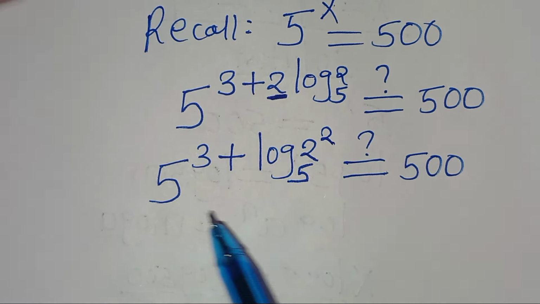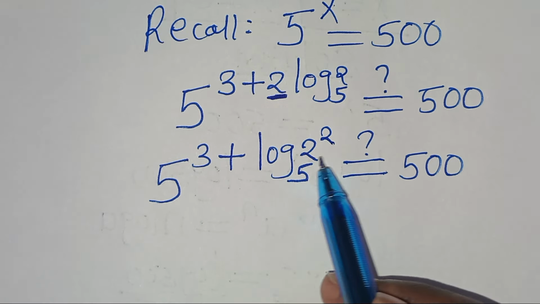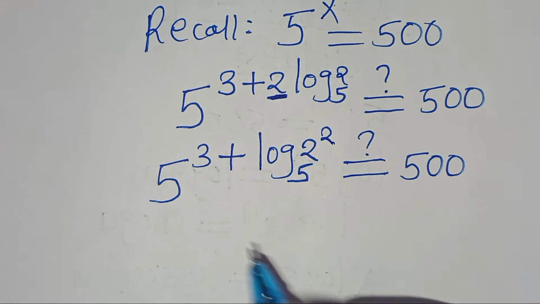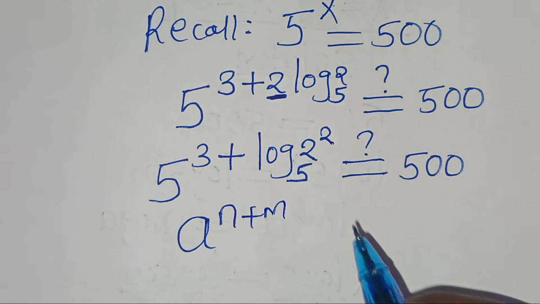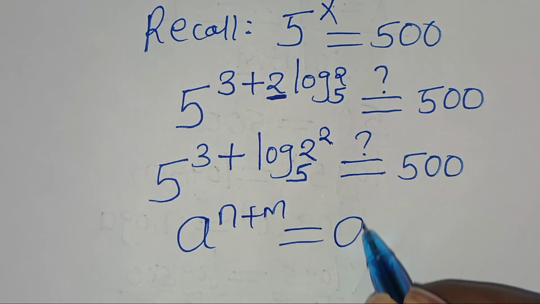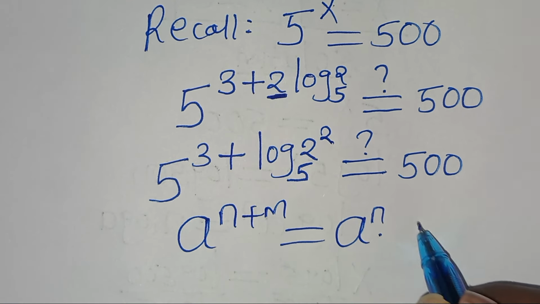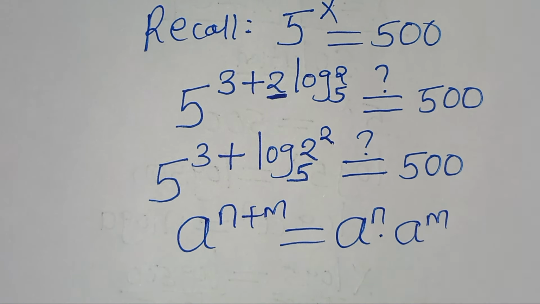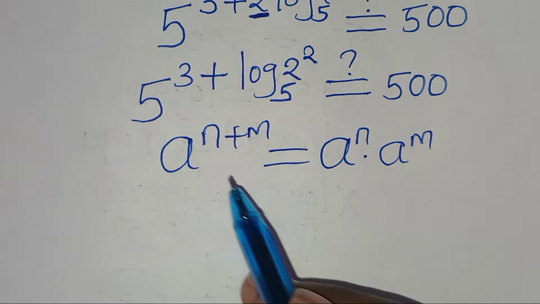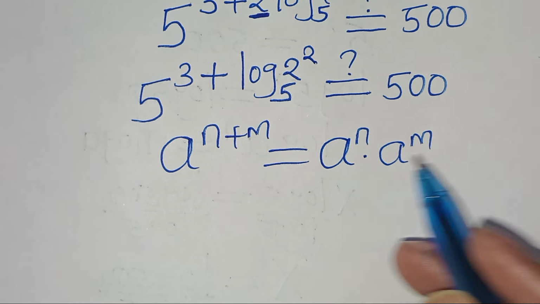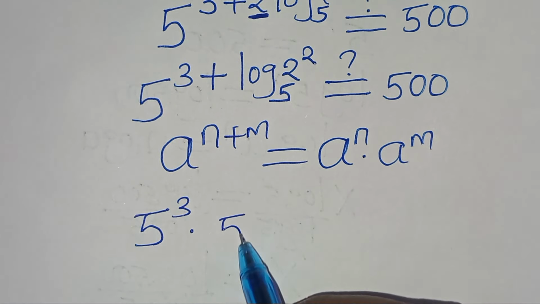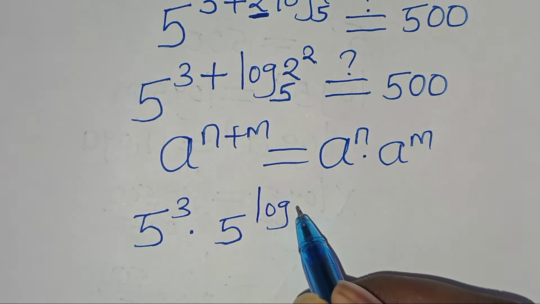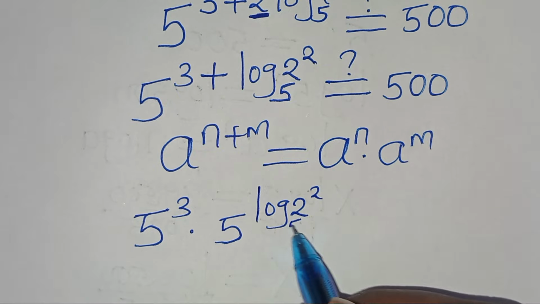The next step is that 5 to the power of 3 plus log 2 to the power of 2 to base 5 is in the form of a to the power of n plus m, which can be expressed as a to the power of n times a to the power of m. Applying this exponent property, then we have 5 to the power of 3 multiplied by 5 to the power of log 2 to the power of 2 to base 5.